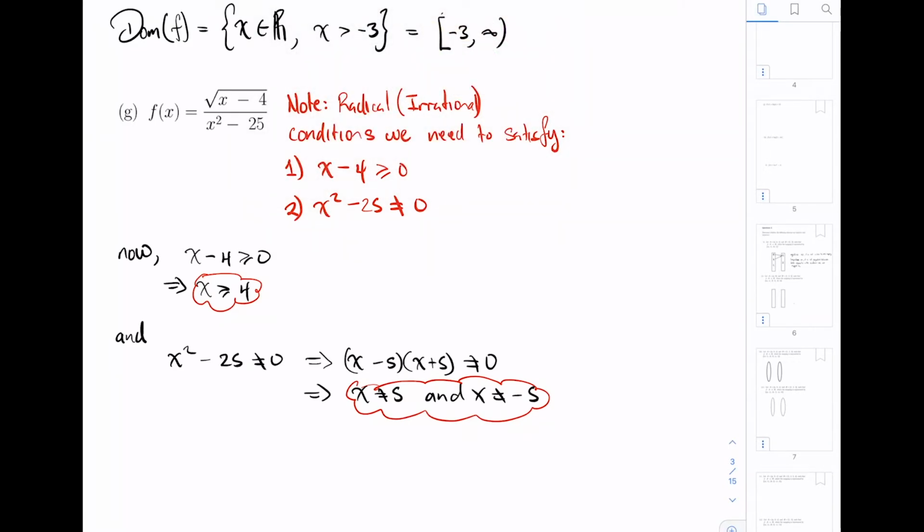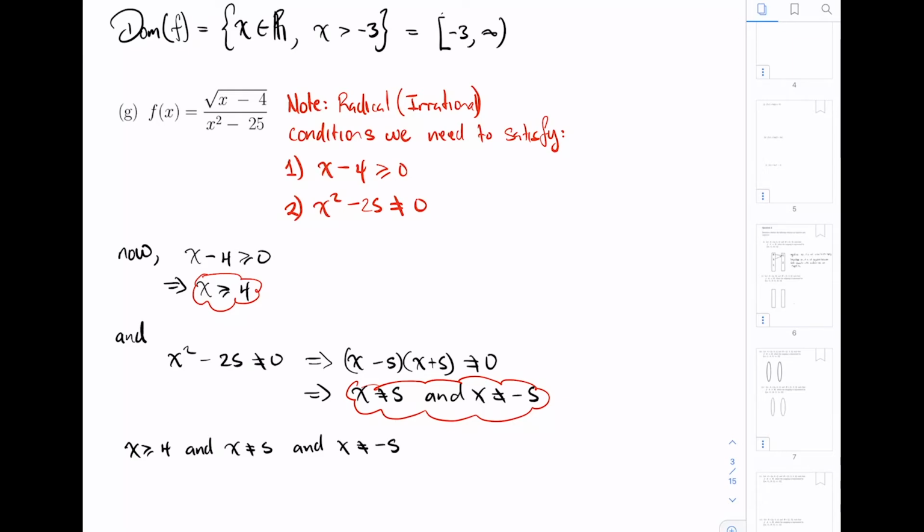This part is a bit nasty, but after thinking about it for some time, we should get it. So we have x greater than or equal to 4, x is not equal to 5, and x is not equal to negative 5.